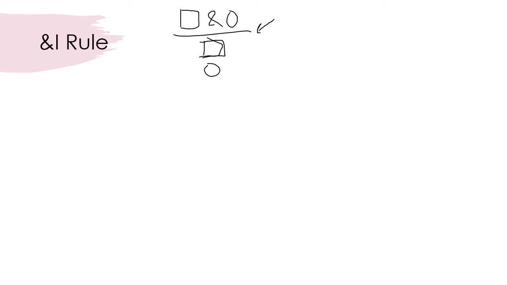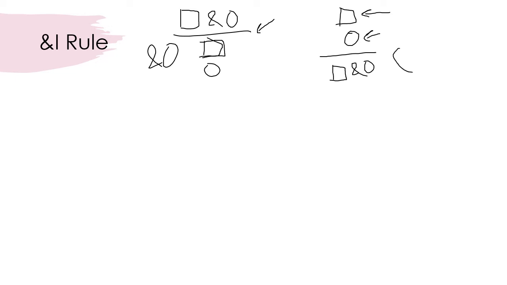So this was our ampersand out rule. Our ampersand in rule is going to be, like I said, the opposite, which is going to say if we have two things, we can just put an ampersand between them. So that will be our ampersand in rule.